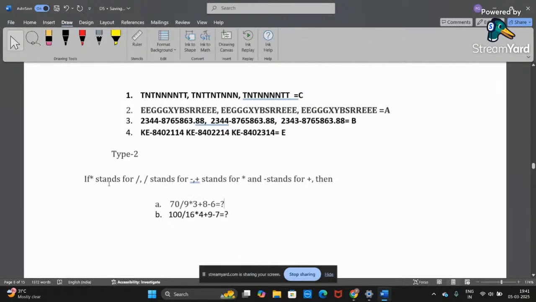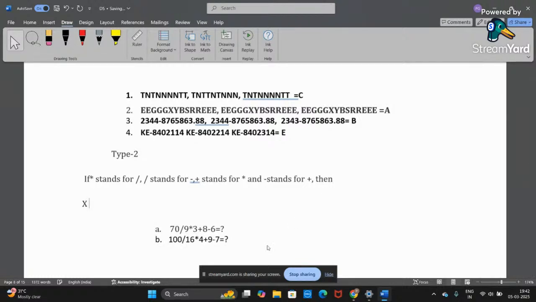Here, star indicates the multiplication. Star stands for division. Let me write it down here. Star is multiplication.